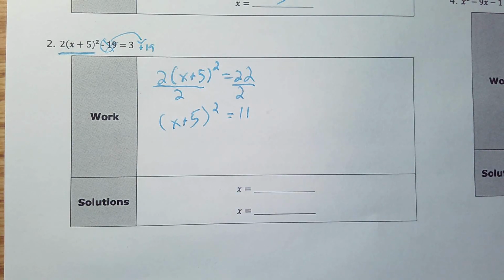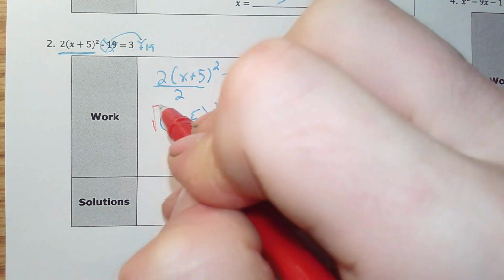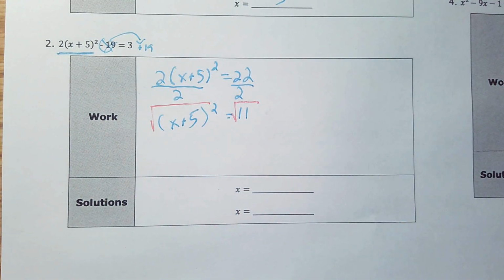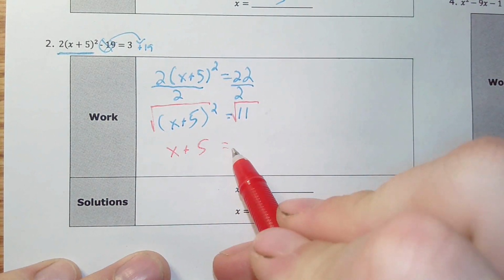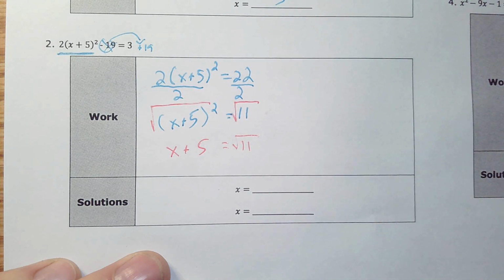So if I take the square root of that and the square root of that, I get x plus 5 equals a square root of 11, and that's the most precise number. I'm not going to put that into a calculator and make it a decimal. I'm going to keep it as precise as possible.